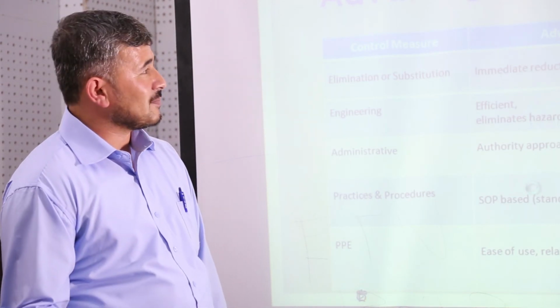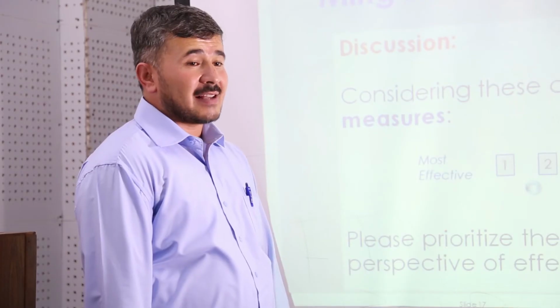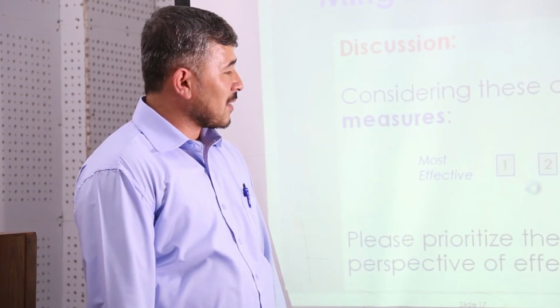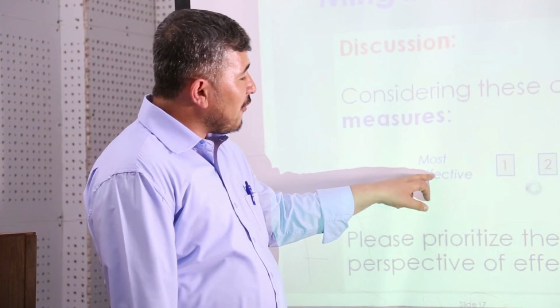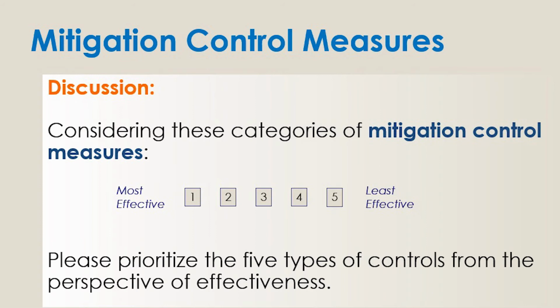So now, from the previous discussion, please categorize these 5 categories of risk mitigation strategies from the most effective one to the least effective one.